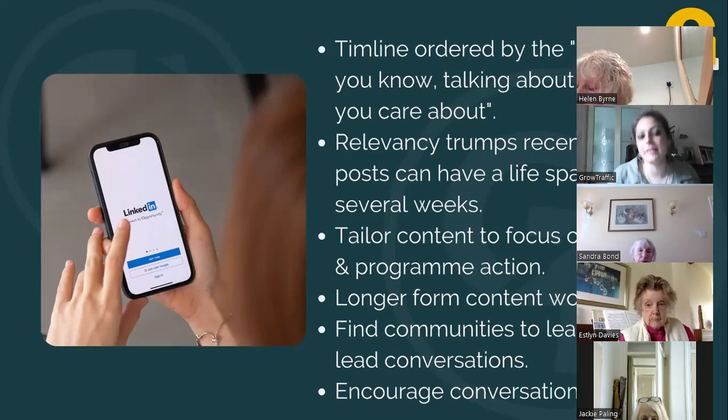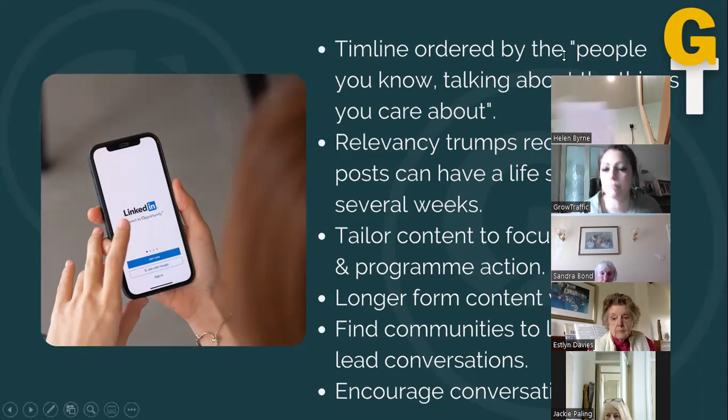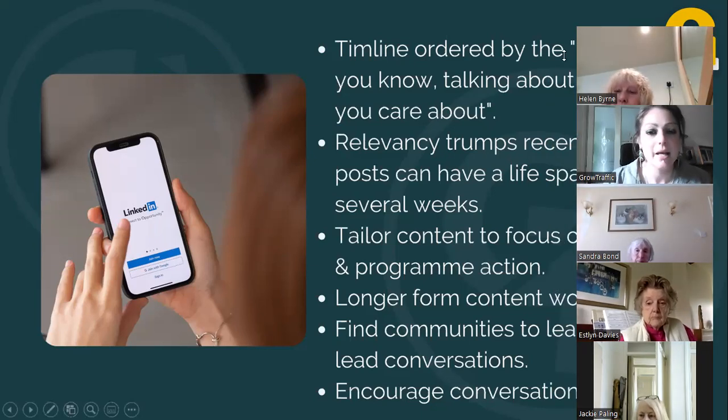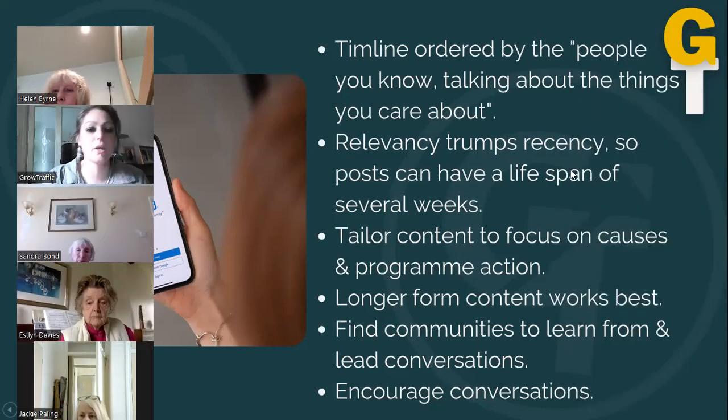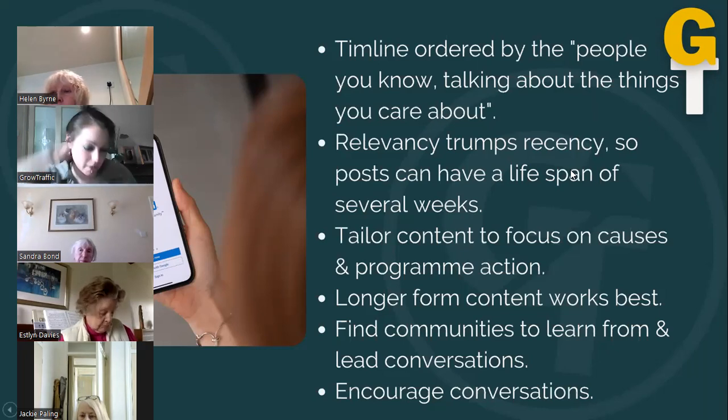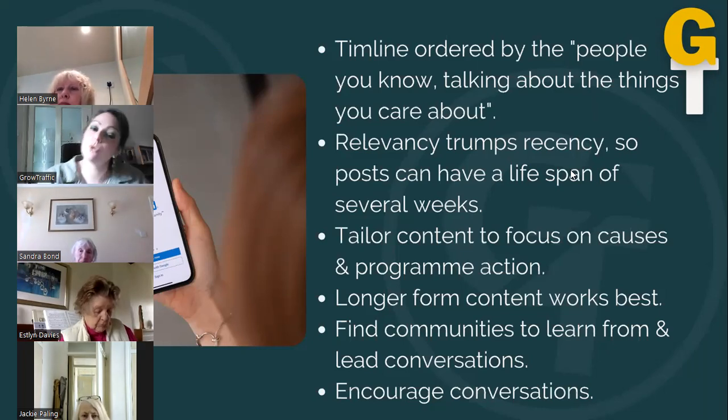Because of the way the LinkedIn algorithm works, it prioritizes people talking about the things that you care about. It says at the top there, doesn't it? It is by people who are connected to you, but it's also what they are going to be interested in.